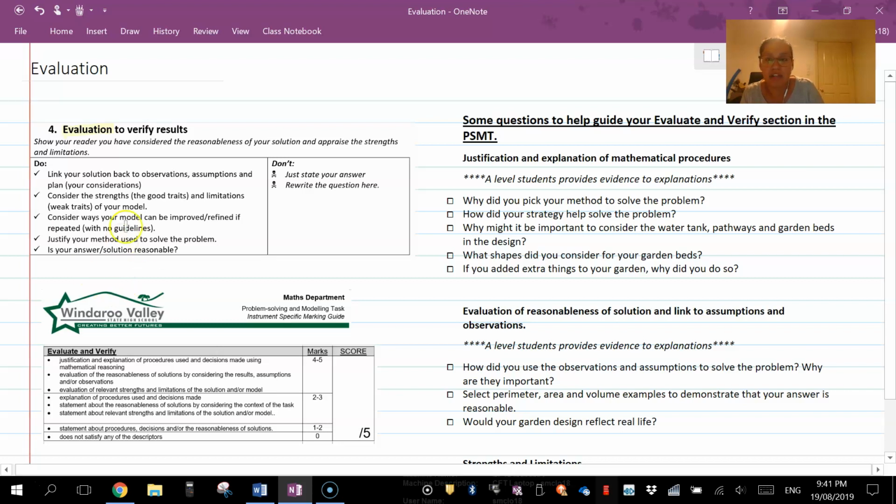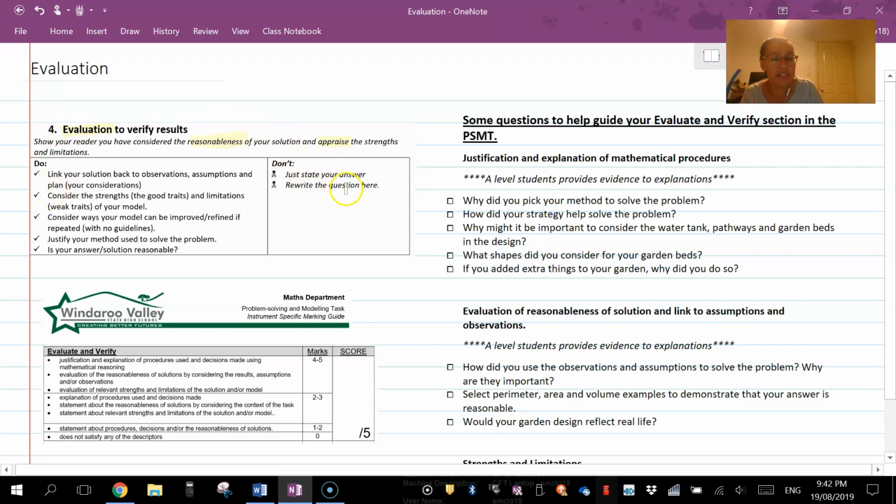You need to think about if it's reasonable, so if it really reflects real life. Appraising just means to make an assessment of the strengths and limitations. So what went well, or what was used really well that reflects real life, and what was the limitation, so what's something that's stopping the solution being truly accurate. That's what we are looking at in your evaluation.